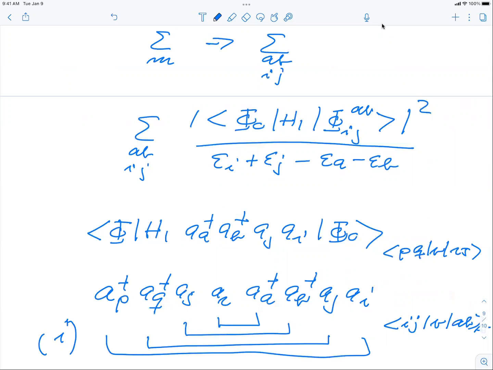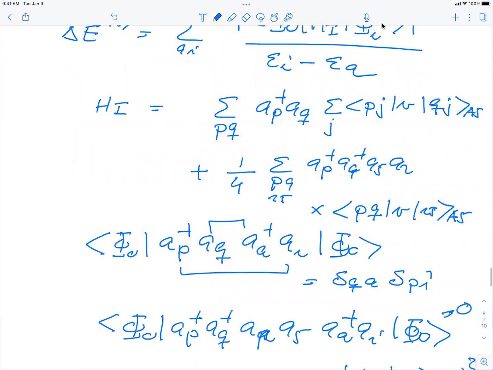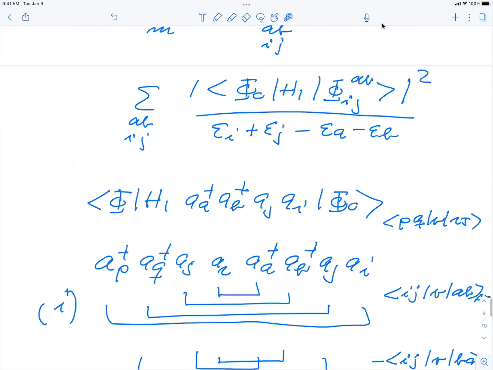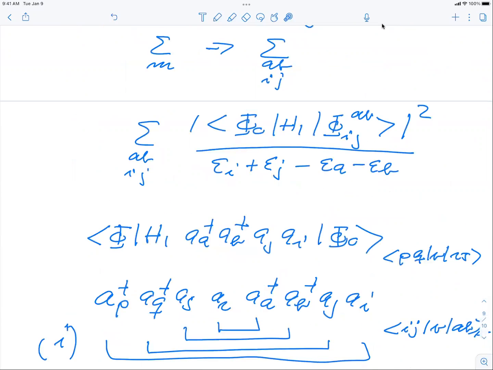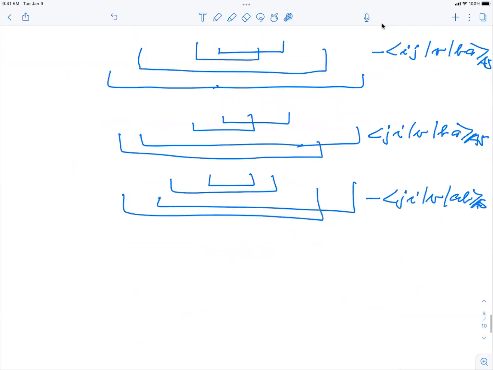So each matrix element here contains a factor of 1 divided by 4. But the only contractions I can make are these 4 possibilities. I have the matrix element squared, which means I have a factor of 1 over 16. And then I get these 4 matrix elements, which sum up to 1.